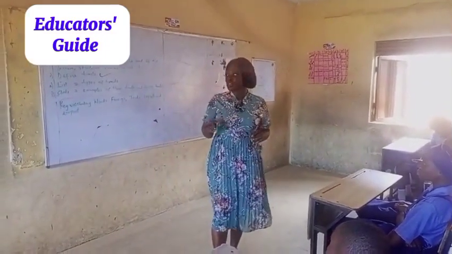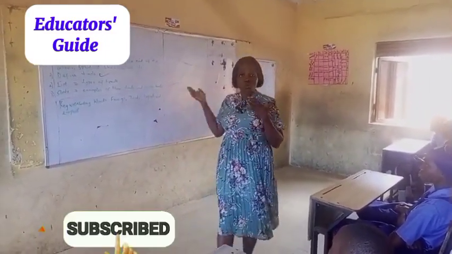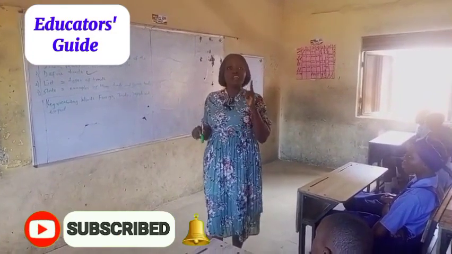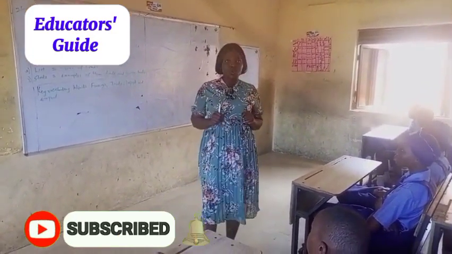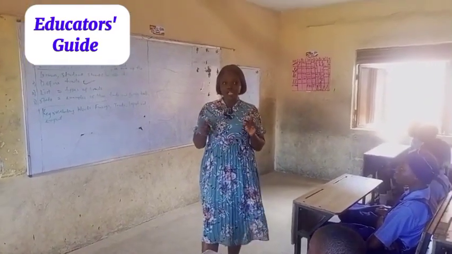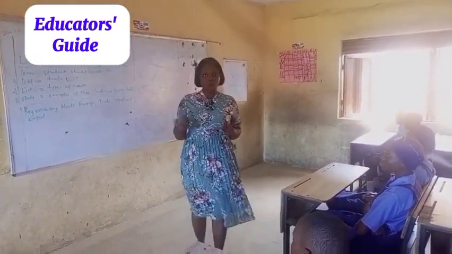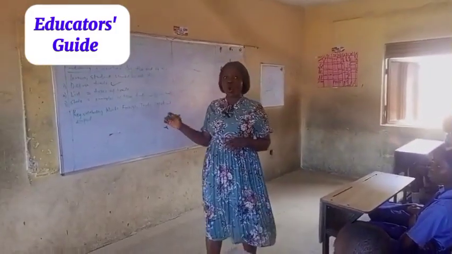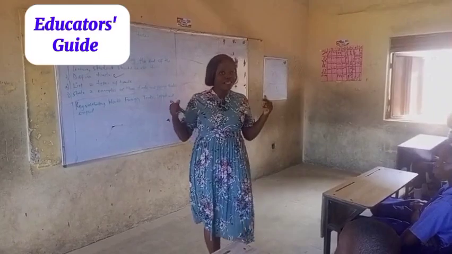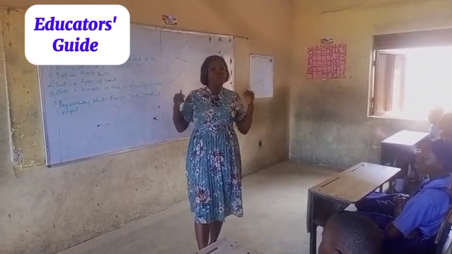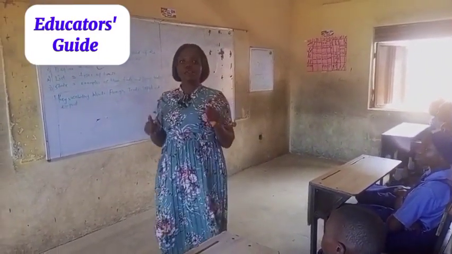The next thing you are going to do, after you have explained whatever it is you want to explain and you are about to write notes for your students, please, when writing on the board, make sure that your dressing is decent. Remember the first thing I said was that you have to have a decent dressing.